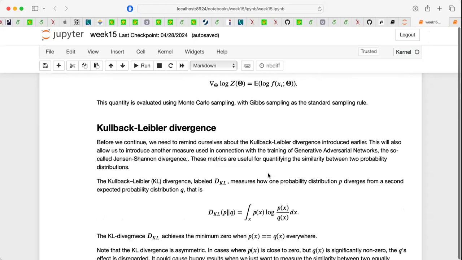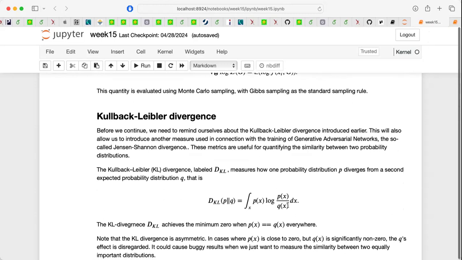So one of the quantities which is used as a metric to assess whether the probability distribution we are setting up is as close as possible to the one which we want to have is called the Kullback-Leibler divergence, which is given by the expectation value of the log of the real probability divided by the one which we are setting up as a model.